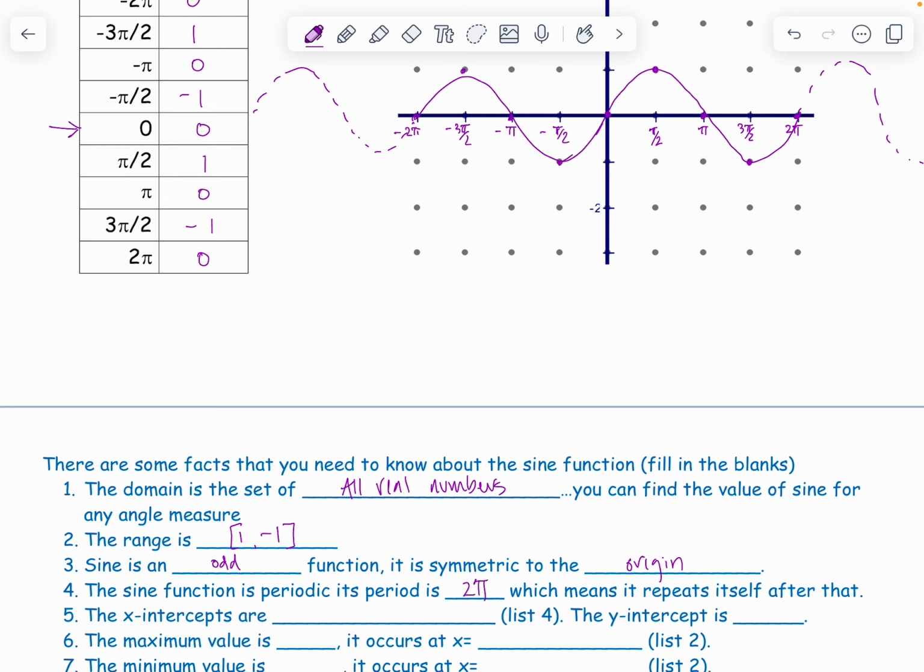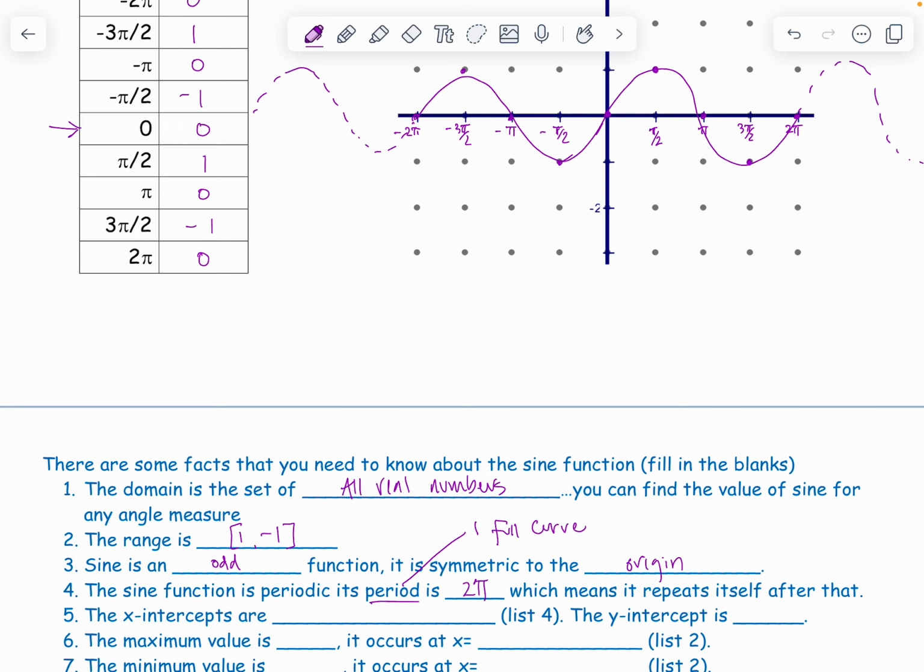That means that it takes an x interval of 2 pi, a horizontal interval of 2 pi, to be able to see one full sine curve. Which means that it repeats itself after that 2 pi, then it starts all over again. So the period is how long it takes to see one full sine curve.